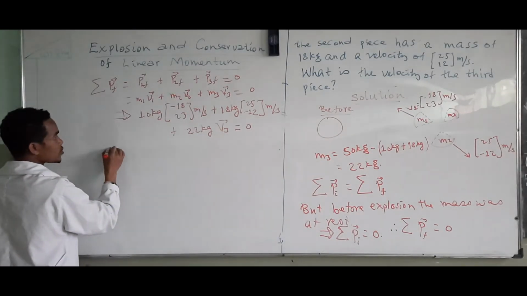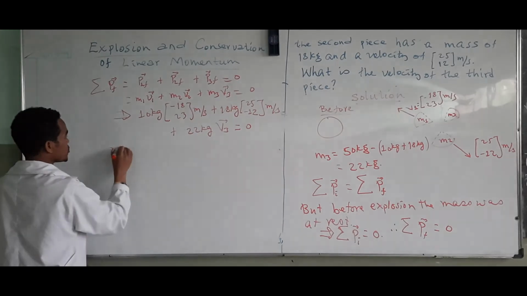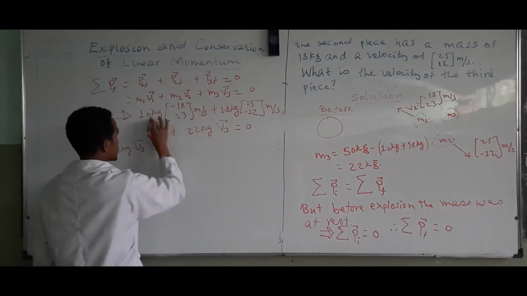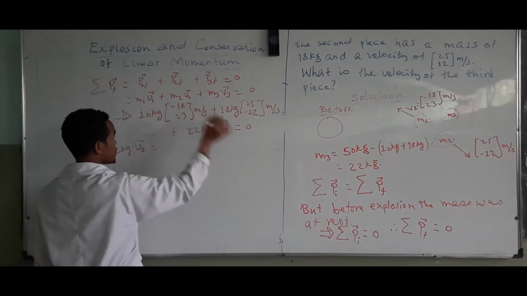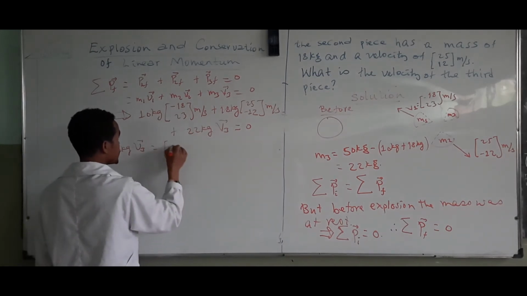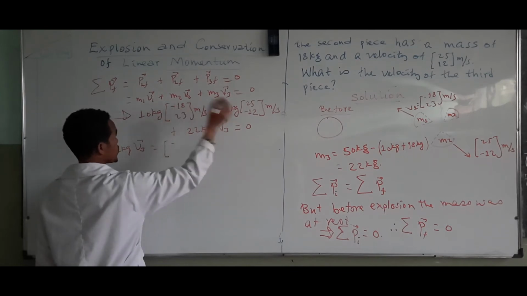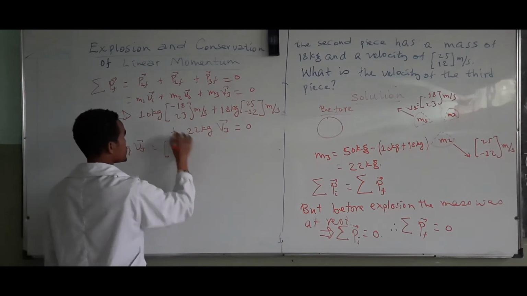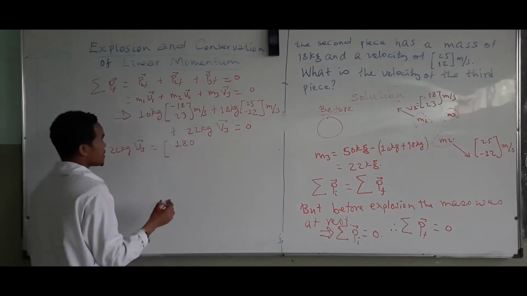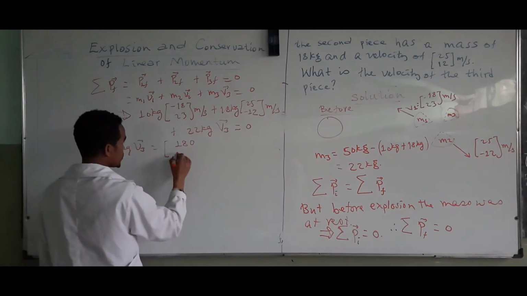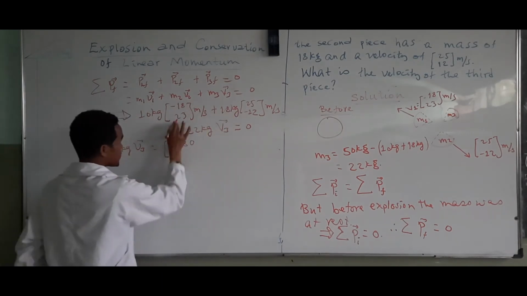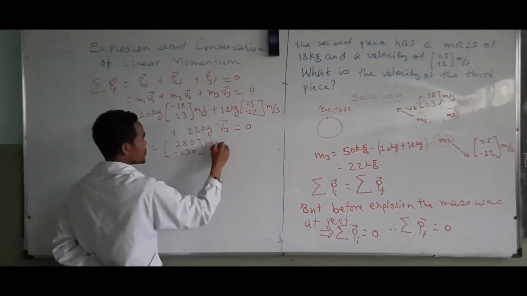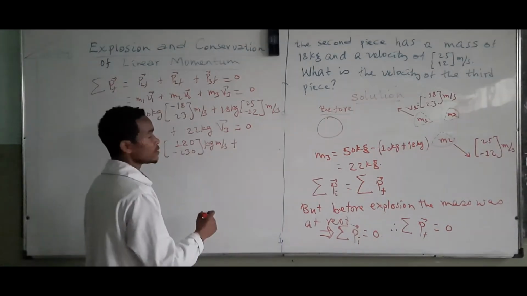Therefore we can say 22 kilograms times v3 is equal to, we multiply this by this and transfer to the right hand side. This will be negative, this will be positive. When it transfers across the equal sign, it will be positive 18, then multiplied by 10 is 180. You multiply this by this and transfer across the equal sign, it becomes negative, therefore 230 kilogram meters per second.